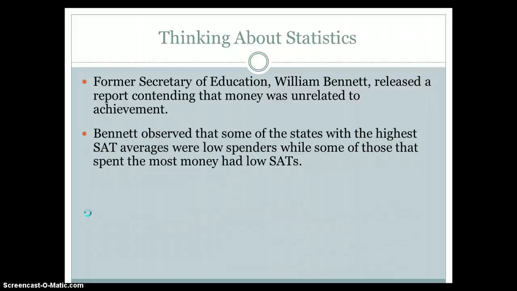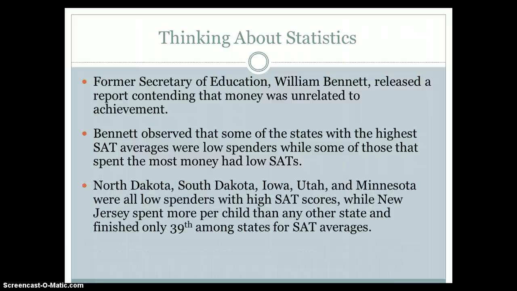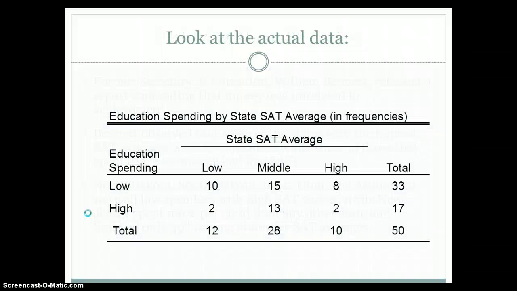Bennett observed that some of the states with the highest SAT, that's a college entrance examination in the U.S., with the highest SAT averages were low spenders, while some of those states that spent the most money had low SATs. For example, North Dakota, South Dakota, Iowa, Utah, and Minnesota were all low spenders on education with high SAT scores, while New Jersey spent more per child than any other state and finished only 39th among states for SAT averages.